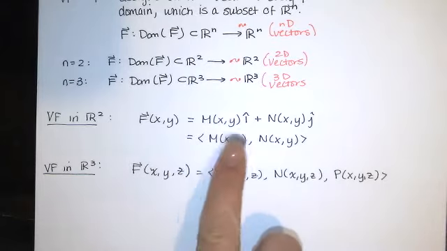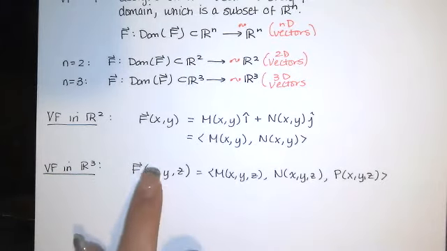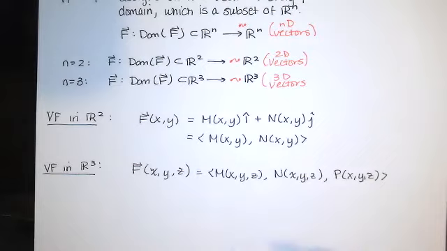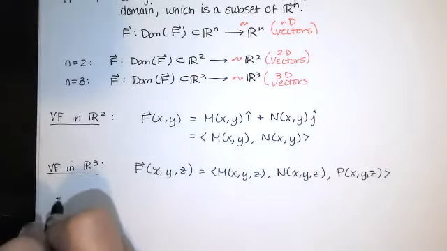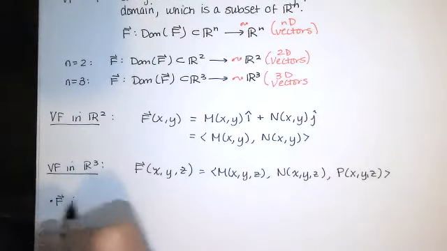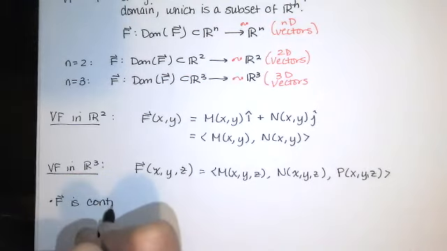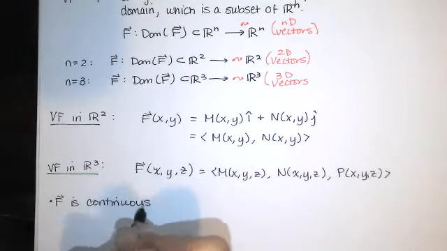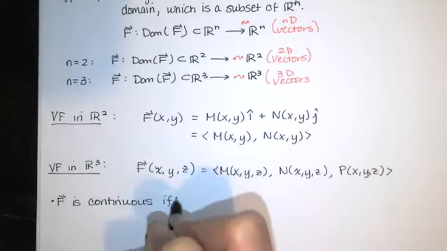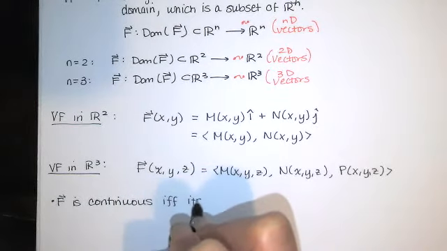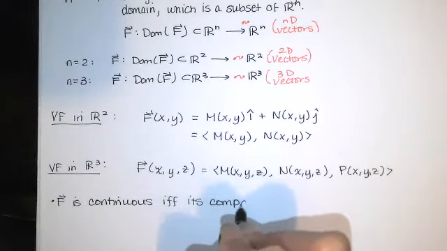So here we go from R2 into R2, or from R3 into R3. And I will write out what I stated about continuity. F is continuous if and only if its component functions are continuous.